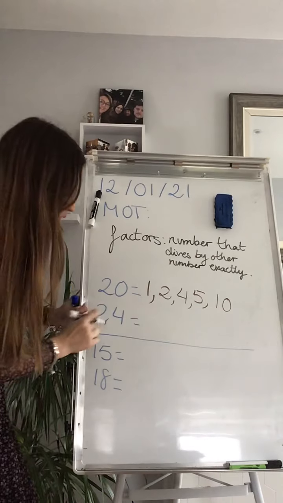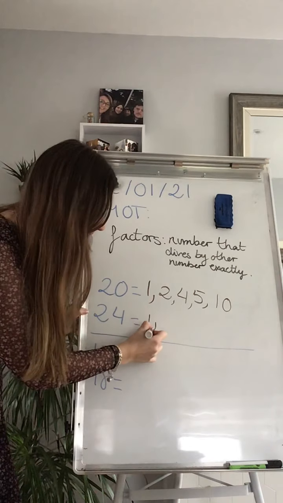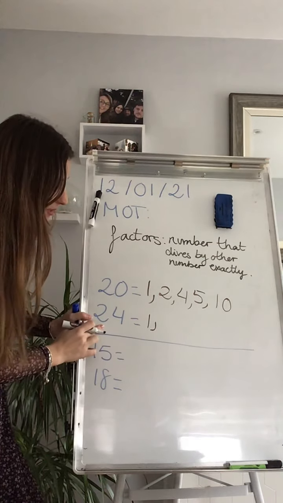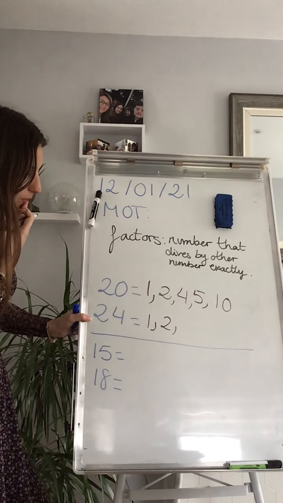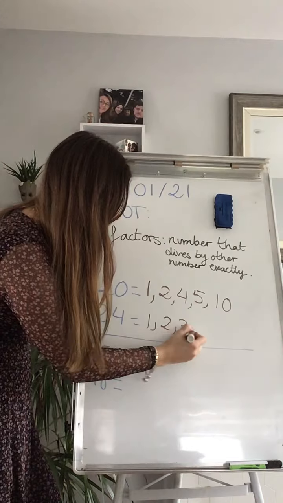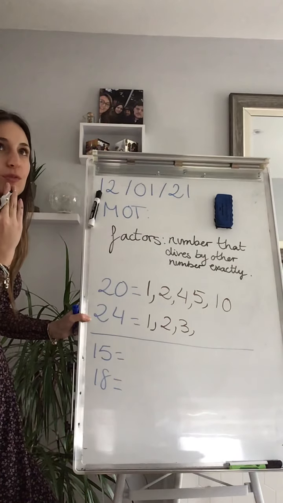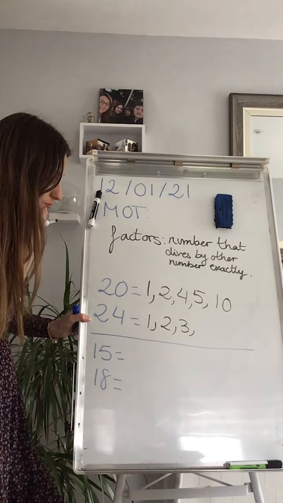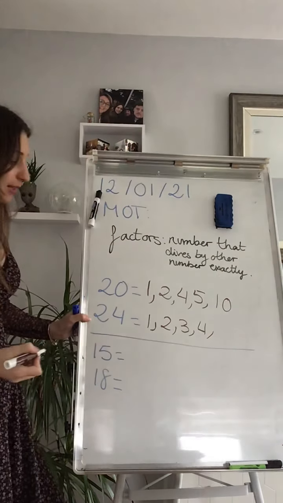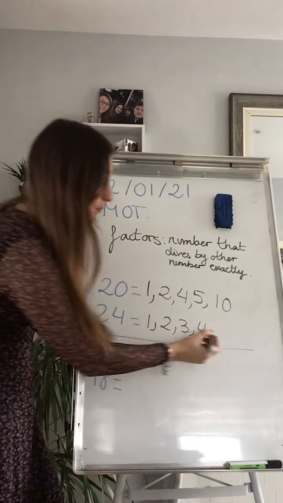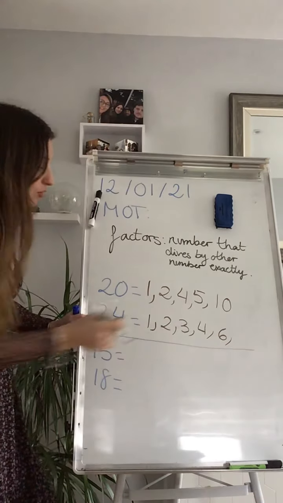Let's go for 24. 1. Can I divide 24 by 2? Yeah, 12. Can I divide 24 by 3? Yeah, 8. Can I divide 24 by 4? Yeah, 6. Can I divide 24 by 5? No, but yes, by 6. 6 times 4 is 24.